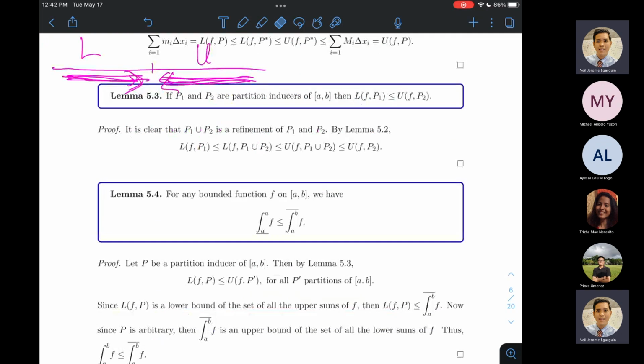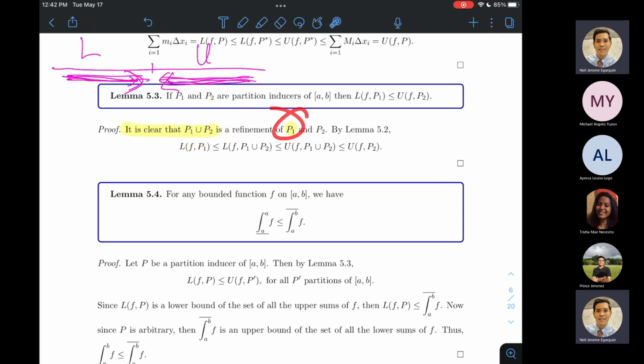So, ano yung sabi? Paano siya pinrove? There's an ingenious proof to this. Ginamit niya yung fact na si P1 union P2 ay refinement ni P1 at saka ni P2. Alright? Bakit? Kasi si P1 ay subset ni P1 union P2.